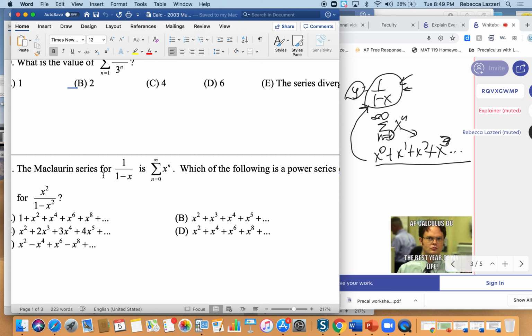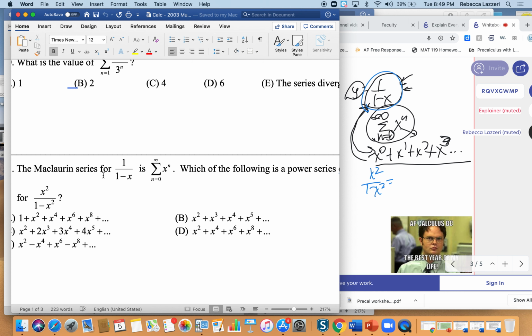All right, so it says to establish this is equal to this by writing out a few of the terms. And now they ask me what x squared over 1 minus x squared would be. Let's see what we can do with this.